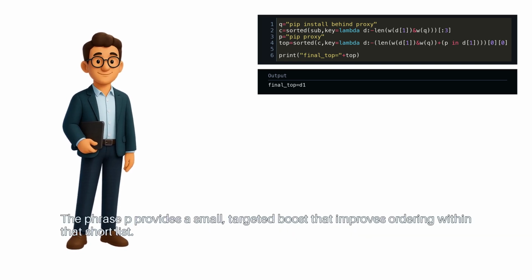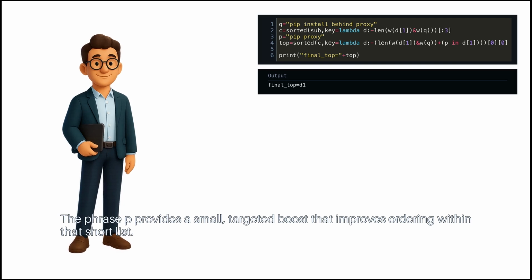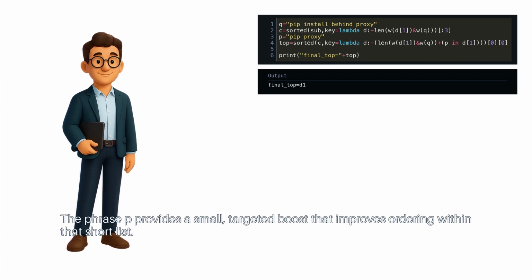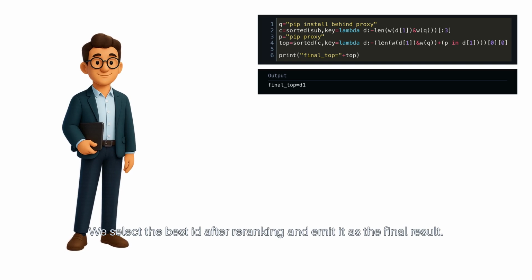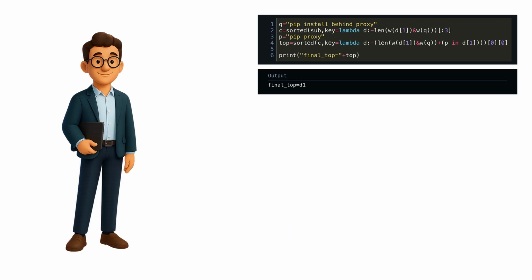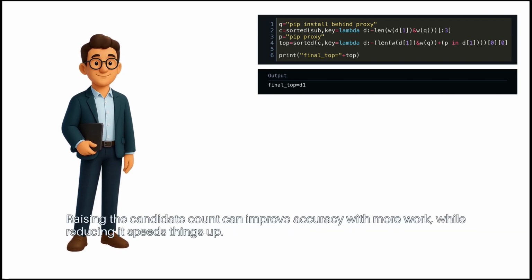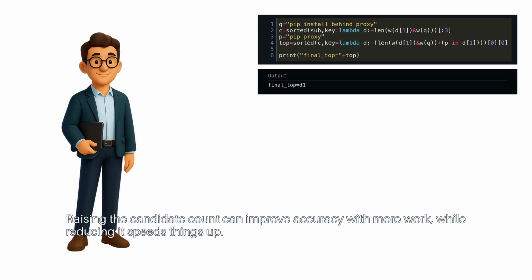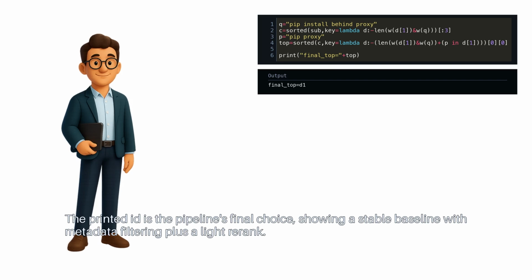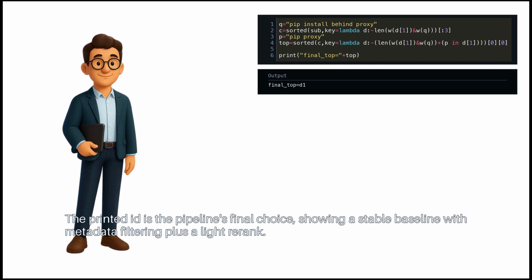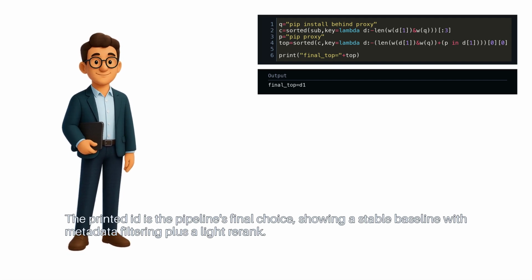The phrase P provides a small targeted boost that improves ordering within that short list. We select the best ID after re-ranking and emit it as the final result. Raising the candidate count can improve accuracy with more work, while reducing it speeds things up. The printed ID is the pipeline's final choice, showing a stable baseline with metadata filtering, plus a light re-rank.